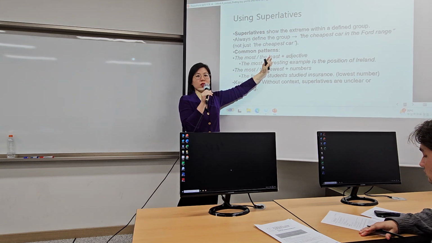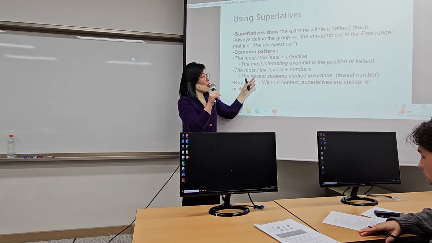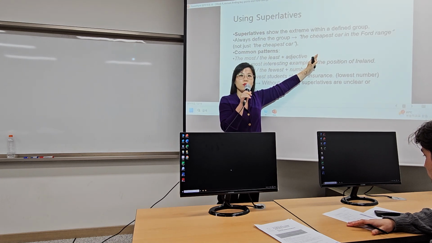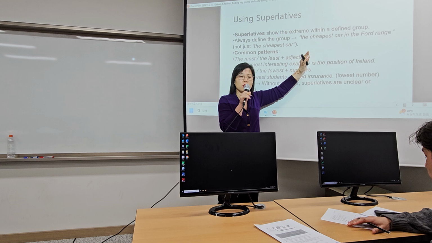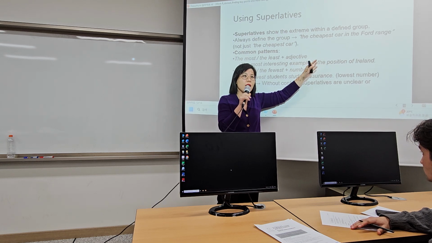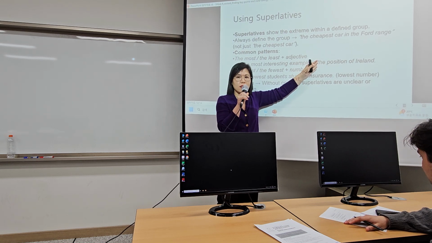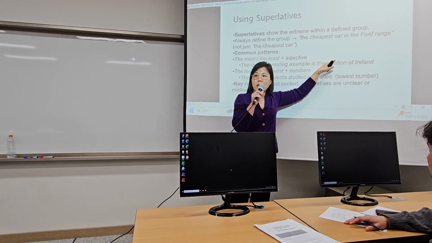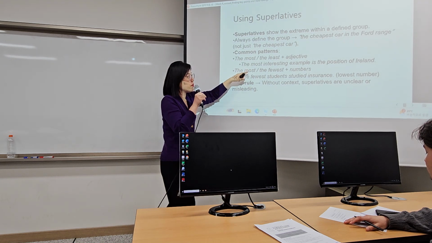So it's not just the cheapest car, but it's the cheapest car in the Ford range. And if you were to add a different sort of group, then it's the cheapest car in South Korea, the cheapest car in Uzbekistan. So you have to add which group we are talking about when we're talking about the superlative, the extreme.